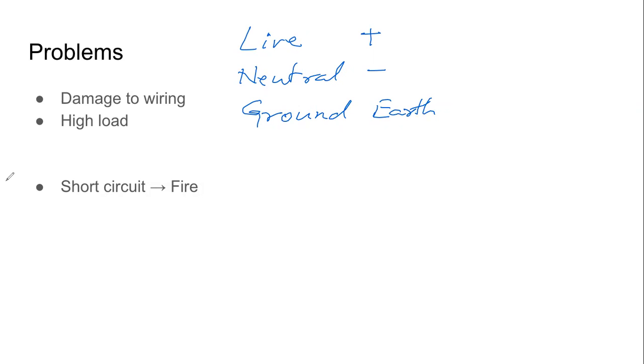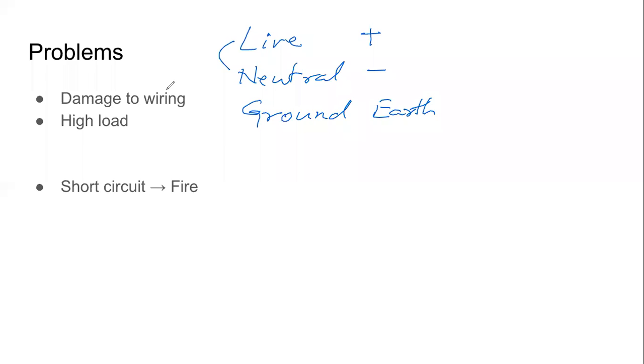Now we have to separate the live and neutral wires. If they get connected, the electricity will flow just through the wires. It will not pass through the electrical equipment. If it passes through the electrical equipment, there is some resistance and it will be fine. लेकिन अगर ये तार जुड़ जाएंगे, then a large amount of current will pass. And remember, this is not tungsten, this is not nichrome, this is pure metal, copper.